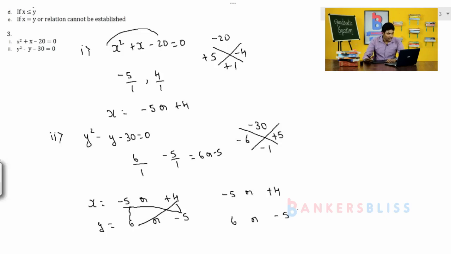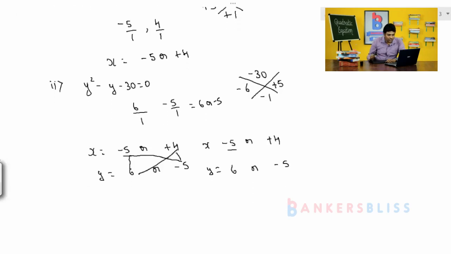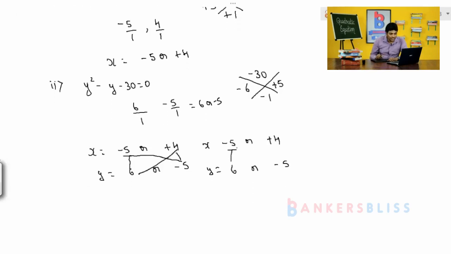You take this value, minus 5 is less than, see this is x, this is y, so minus 5 is less than 6.